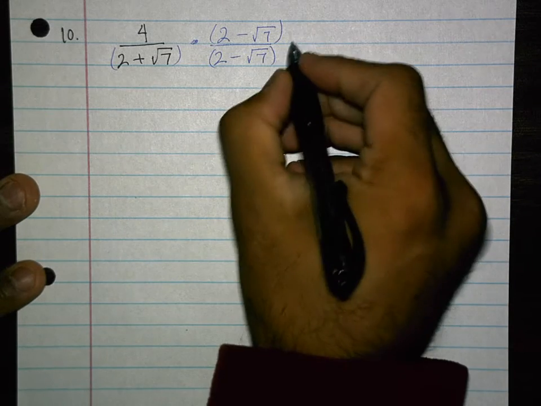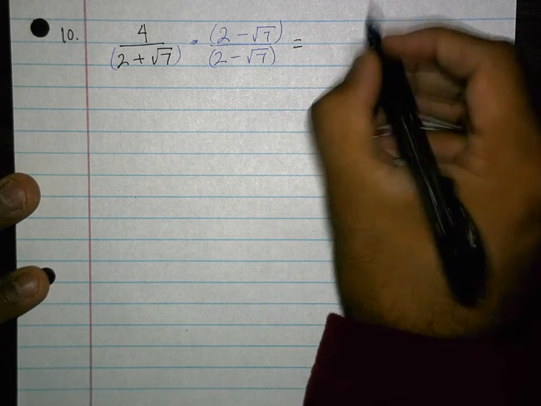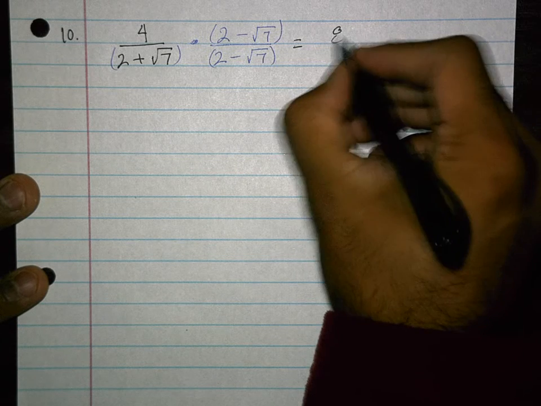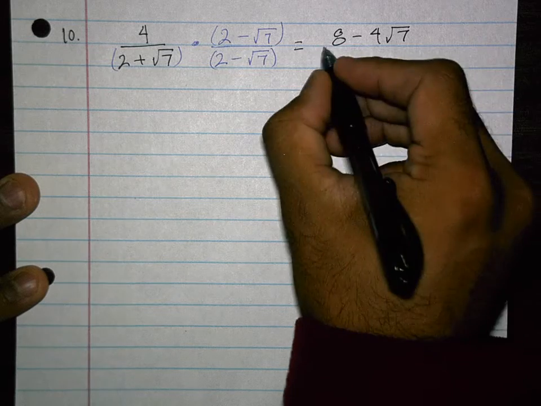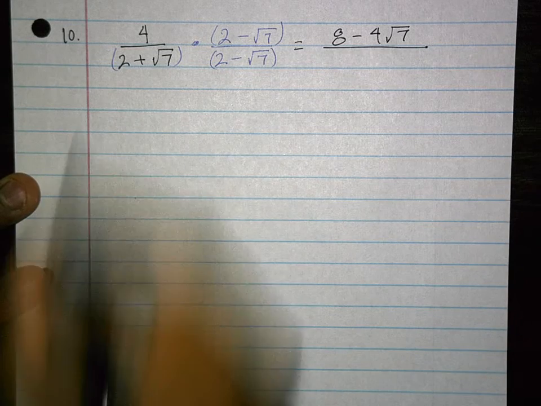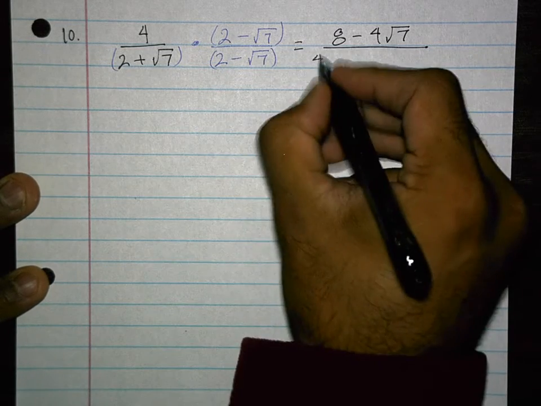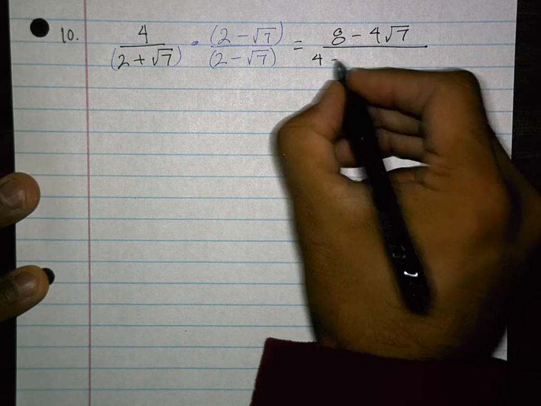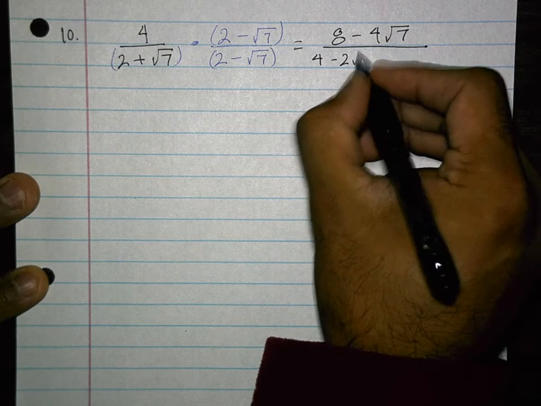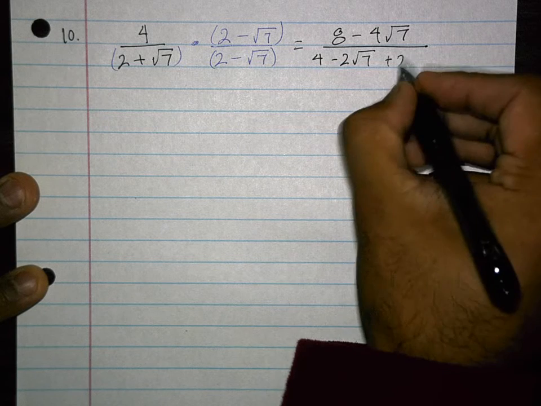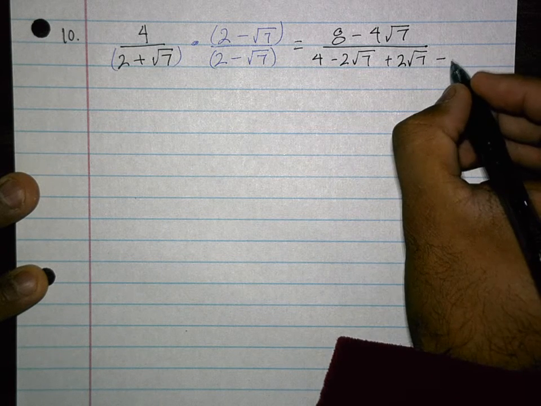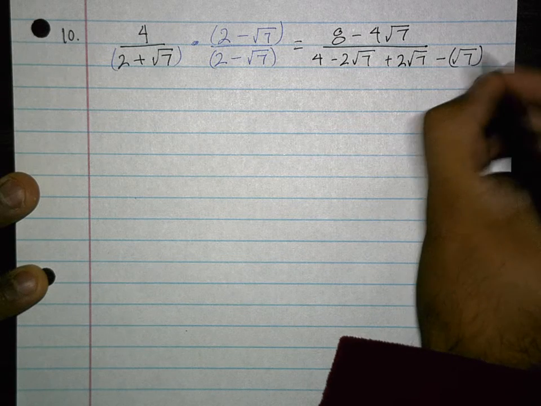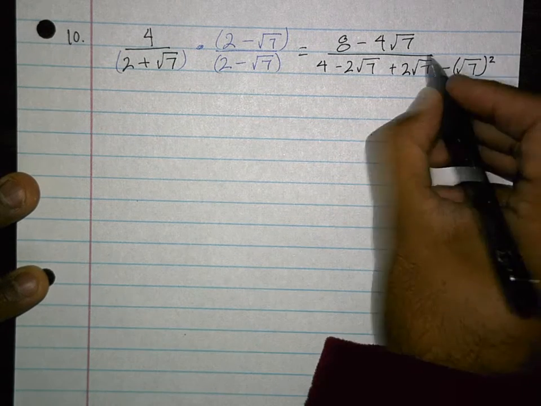So up top, I'm going to use the distributive property, and I'm looking at 8 minus 4 root 7, and down below I have to FOIL. So I'm looking at this one times this one is 4. The outside times outside is negative 2 root 7 plus positive 2 root 7 minus root 7 squared. Okay.